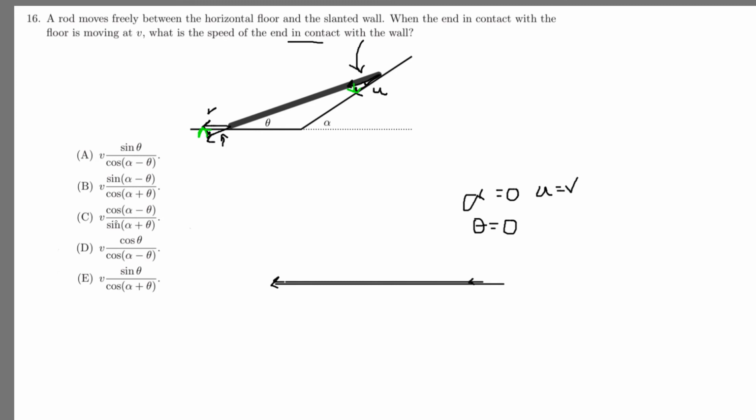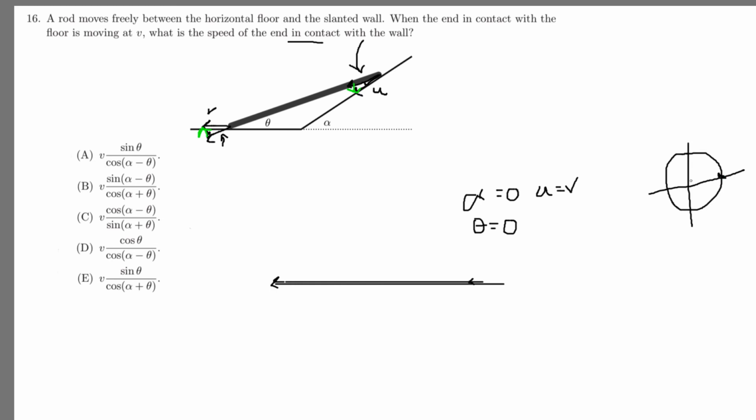So when theta and alpha equal 0, the expression next to v must equal 1, because then we just get v. That means the denominator doesn't matter to some extent, as long as it doesn't equal 0, which we'll check, and the numerator just has to equal 1.